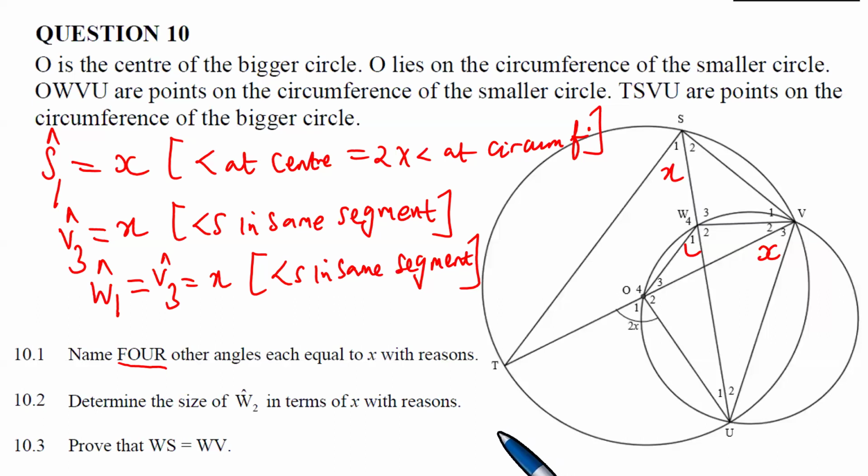We're missing one more. If this one is X here, so I was thinking U1. Okay?